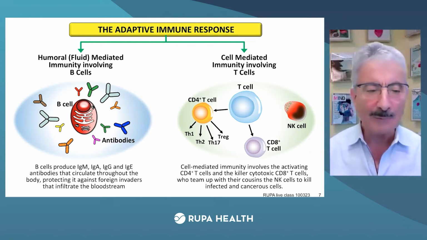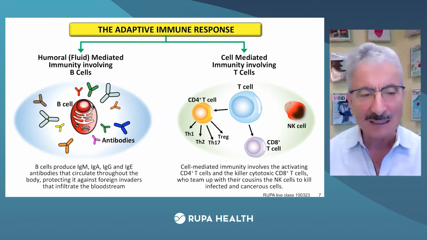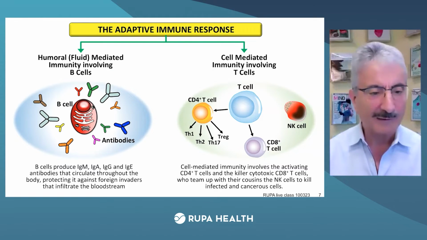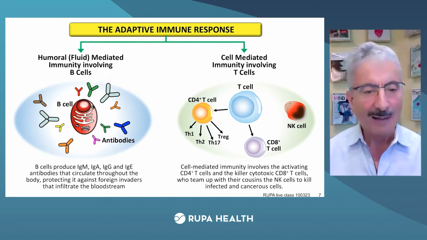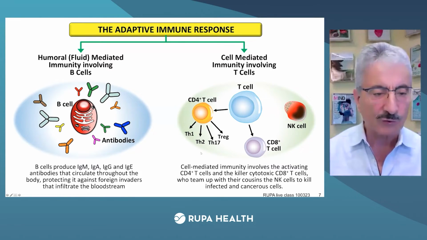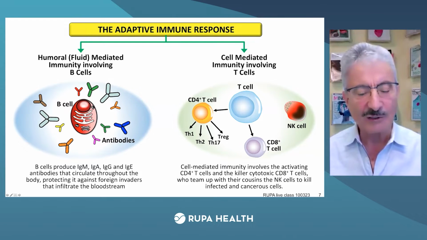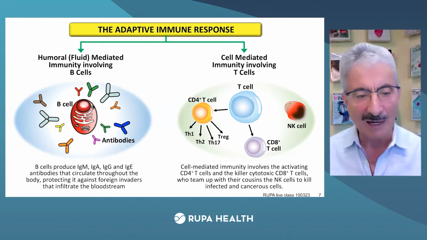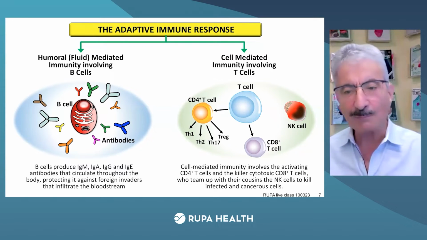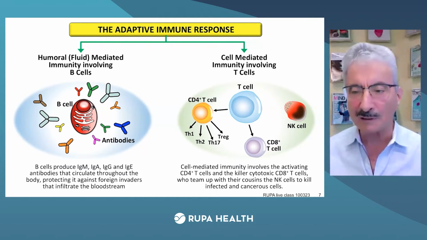The humoral meaning any soluble materials we can find in blood or other body fluids, saliva, and more. Examples are cytokines, chemokines, and of course, antibodies, which are produced by B cells: IgG, IgA, IgM, and sometimes IgE. So that is part of humoral immunity.